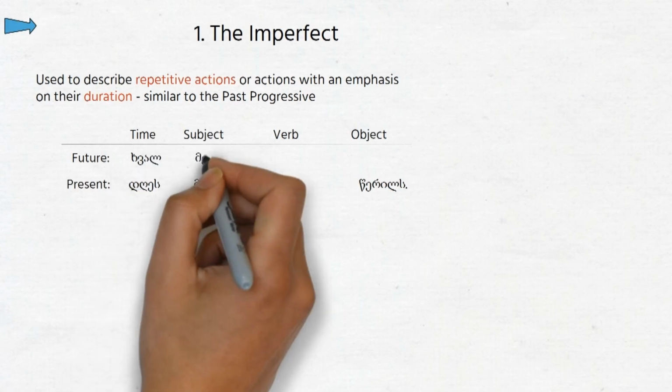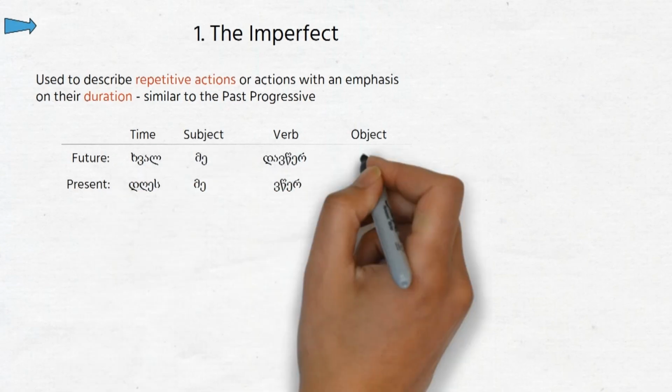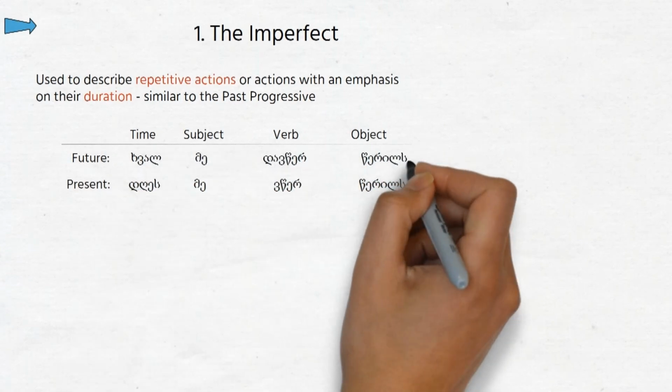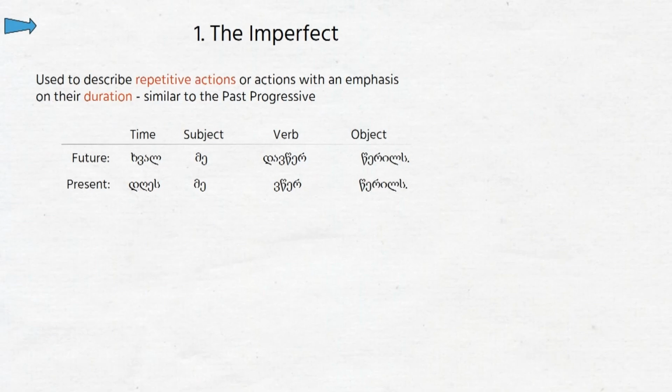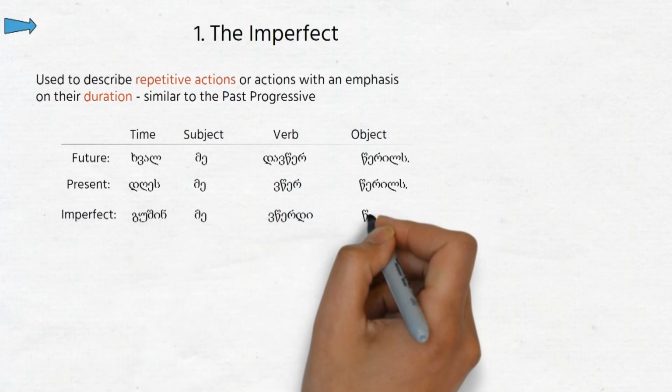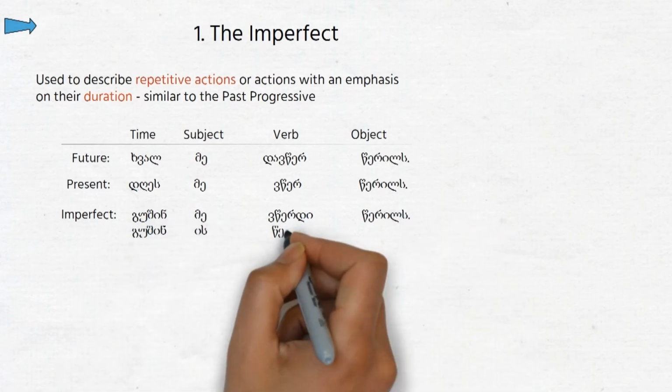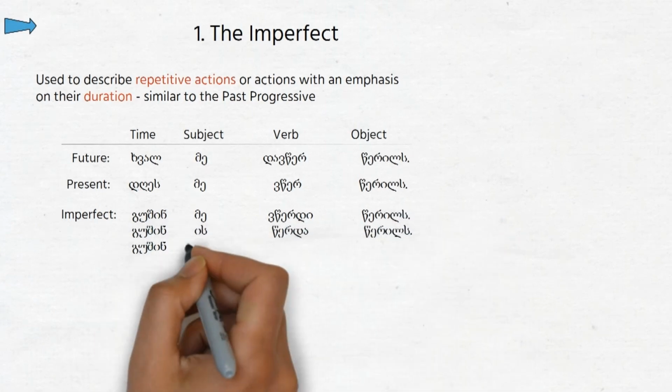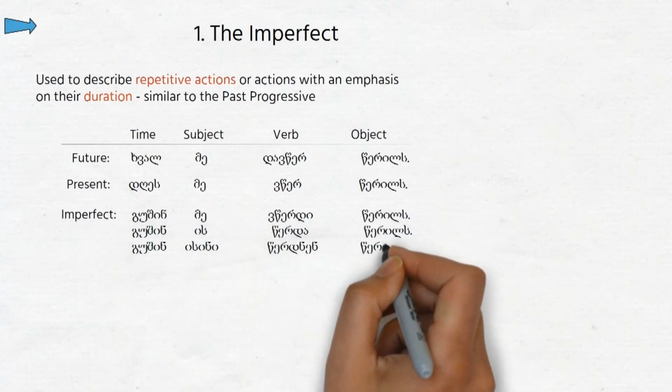Or in the future, chval medavts erils. Tomorrow I am going to write a letter. So again you see the structure like we did in lessons 1 and 2.